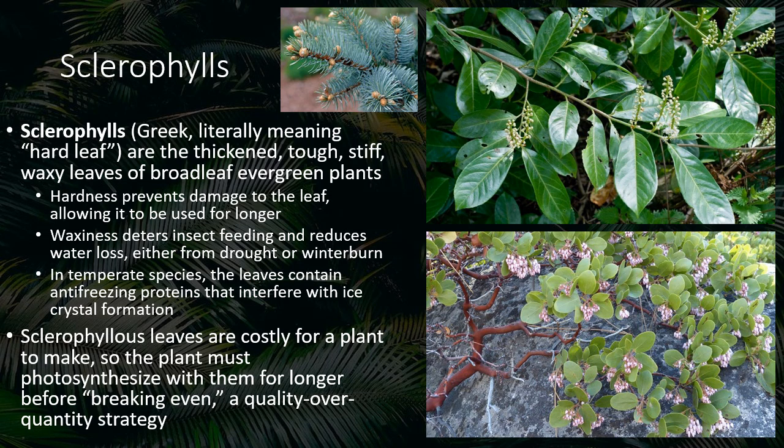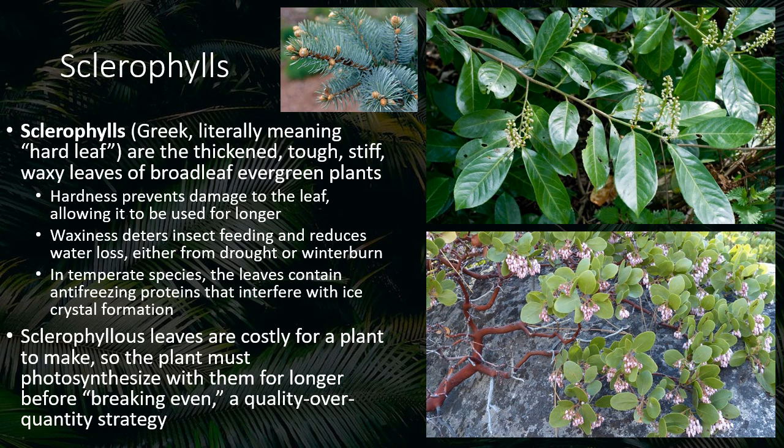That comes from Greek roots meaning hard. Sclero is hard, and phyll is leaf. These are the thickened, tough, stiff, waxy leaves of evergreen plants. We have both broadleaf evergreen plants and our needled or scaly conifers, which also produce sclerophylls.